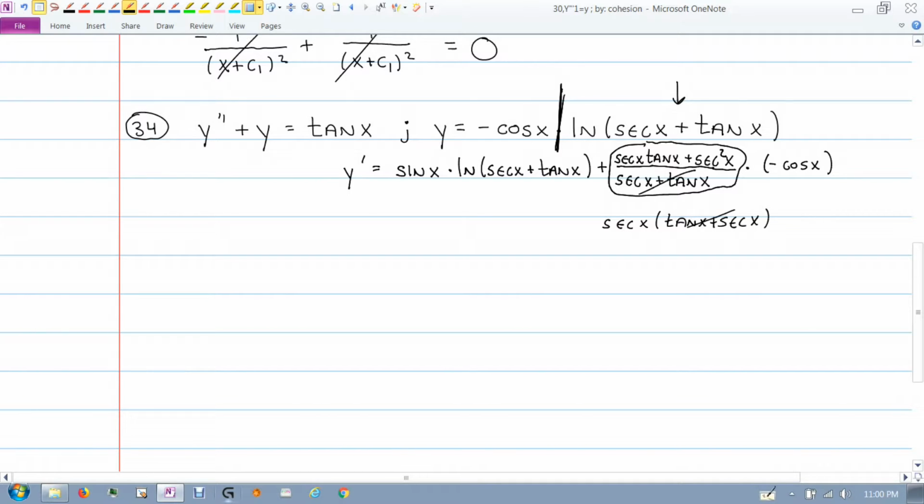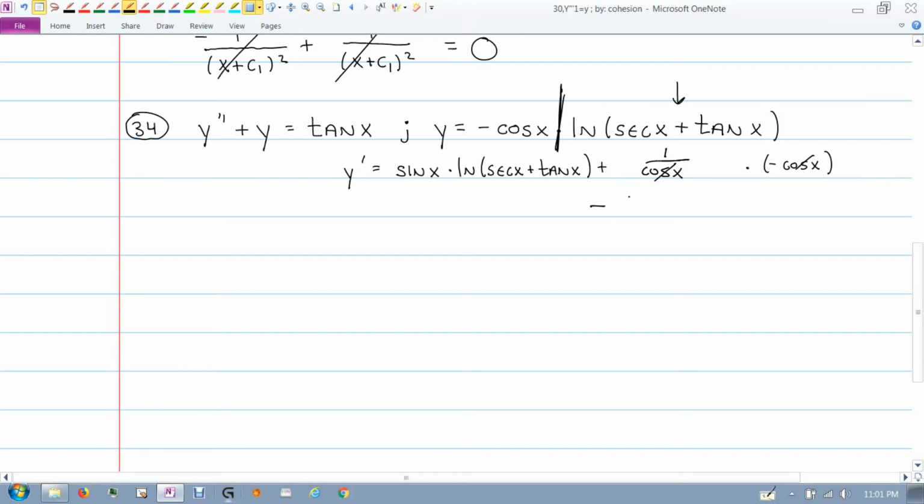So really at the end of the day, this expression right here is just secant x. So I'm going to go ahead and just replace that with secant x. Alright, and secant x is 1 over cosine x. And then the cosines cancel, so this is just minus 1 right there. Nice. So this actually cleans up pretty good.